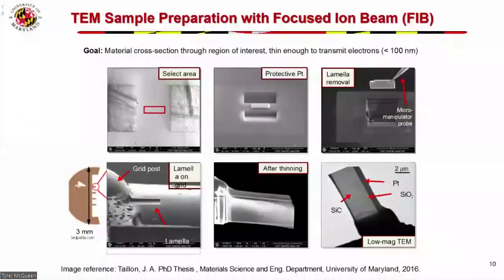Then this is attached to a copper grid, and here's a picture of a copper grid that has posts, and right on one of the posts, which is shown here, we attach the lamella. And this is thinned further using the focused ion beam until it's electron transparent, and then we put it in the transmission electron microscope to analyze this area.